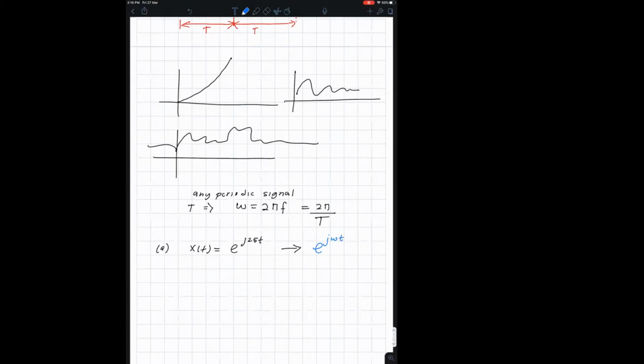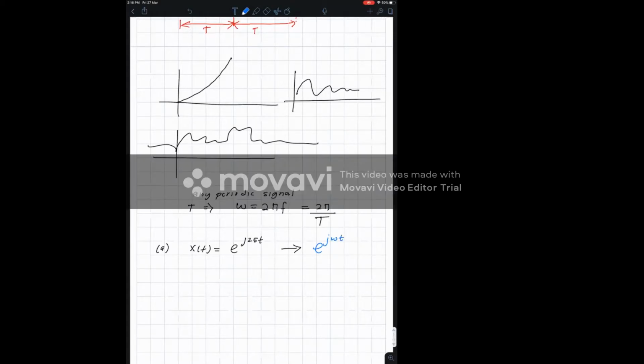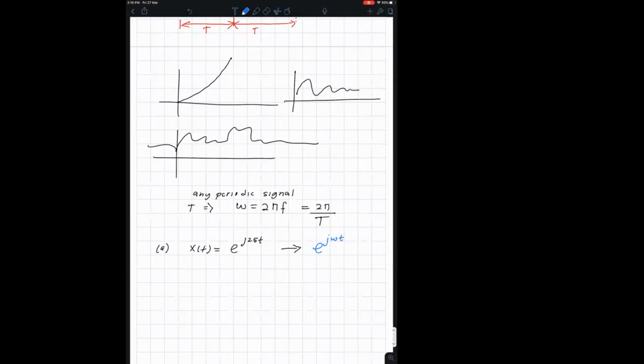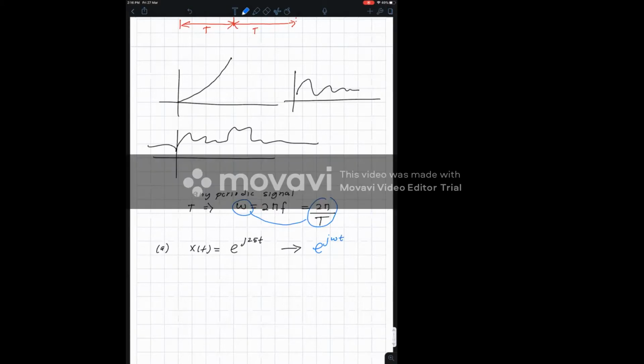The omega is telling you there's a frequency. If there's a frequency, then there's going to be a period. If there's a period, there's a frequency for repeating signals.